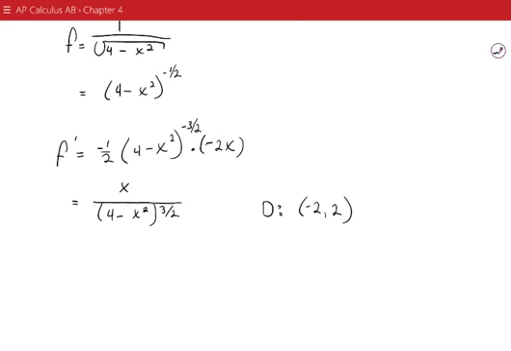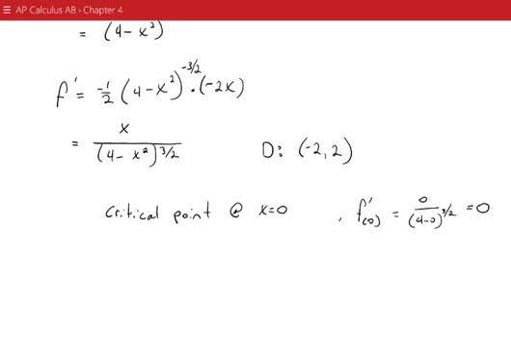And so the only critical point here is when x is equal to 0. X equals 0 would cause the function f prime to be equal to 0. We'd end up getting 0 over 4, and that's 0. So that's our critical point.